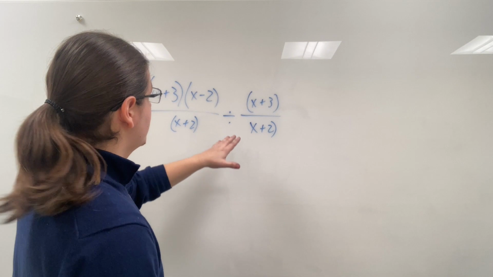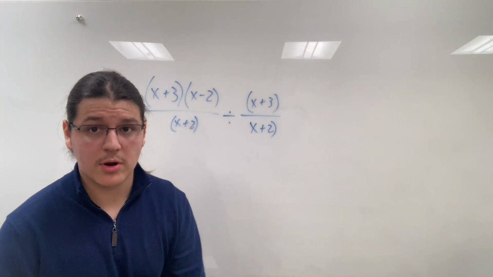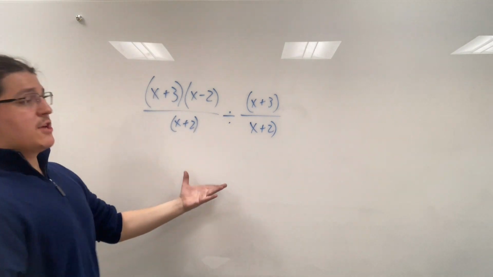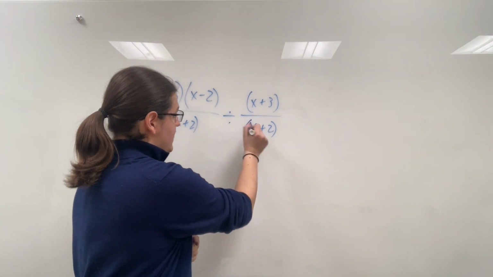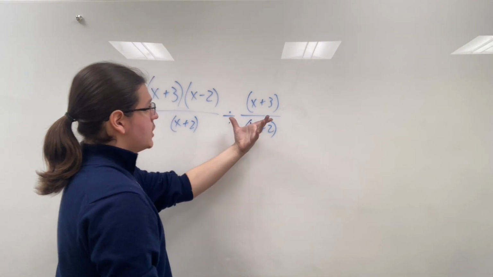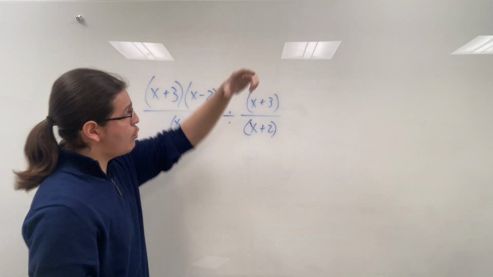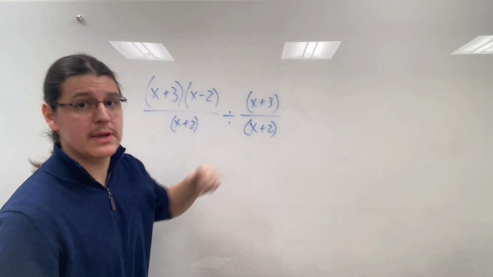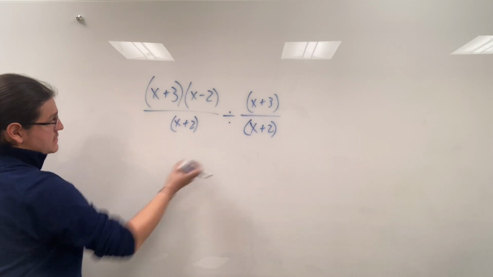All right. Now, division. If you do not remember dividing fractions, what we do is we reciprocate this second fraction right here. So what this becomes is x plus 2 over x plus 3. So let's combine them together.